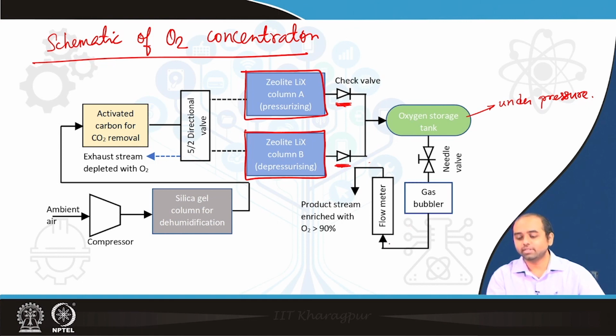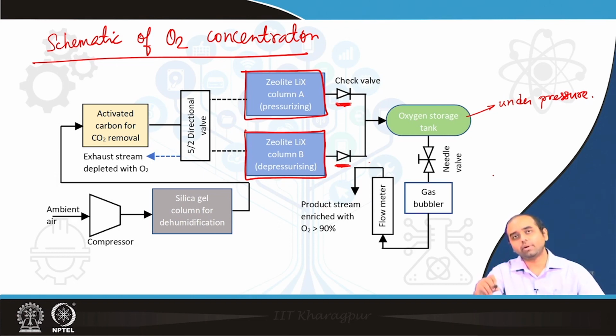For that, humidity is necessary, and then we have a flow meter to find out the flow rate. Typical flow rates could be anywhere between 2 to 100 LPM, liters per minute, depending on the criticality of the situation, and this needle valve can be used to control the flow rate. It can be very high, very low or medium, as per the requirement.